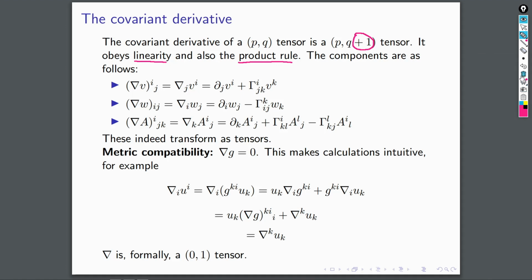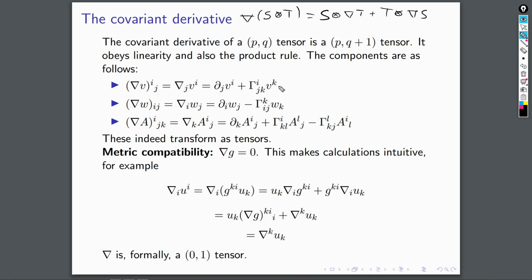The covariant derivative of a tensor is also a tensor. And the product rule says that the covariant derivative of S tensor T is S tensor del T, plus T tensor del S.